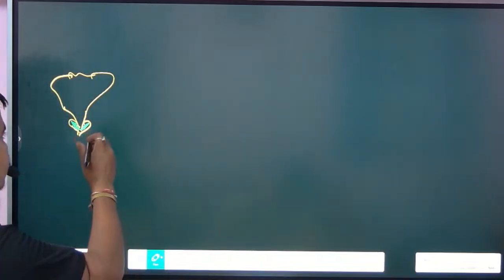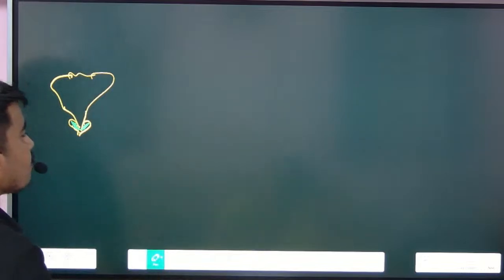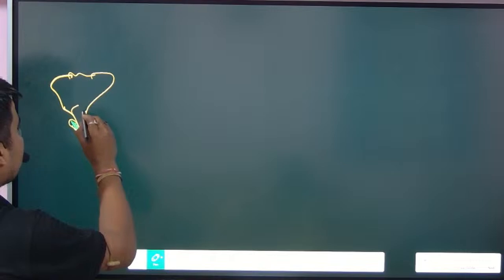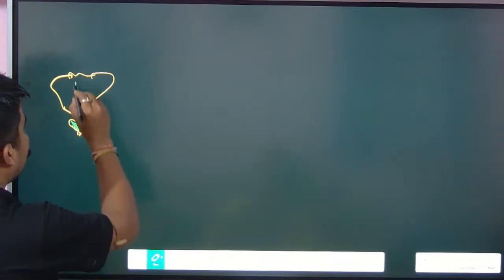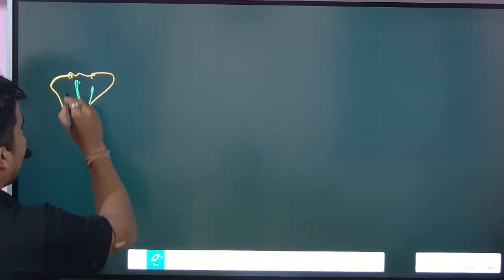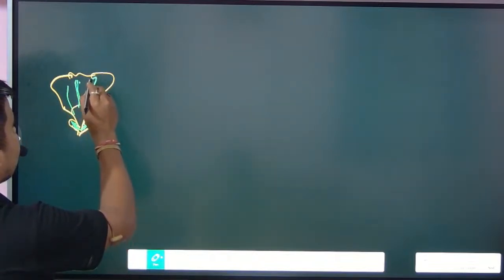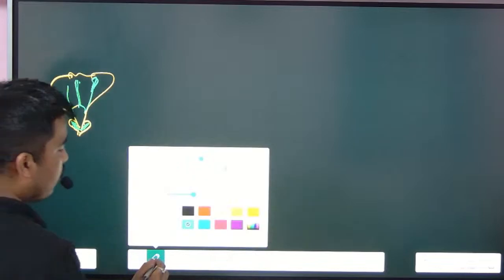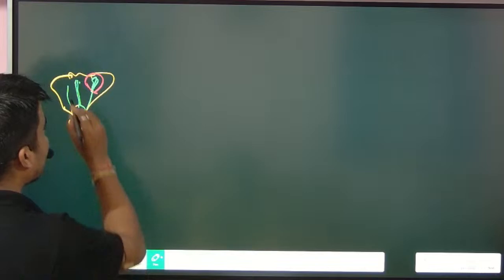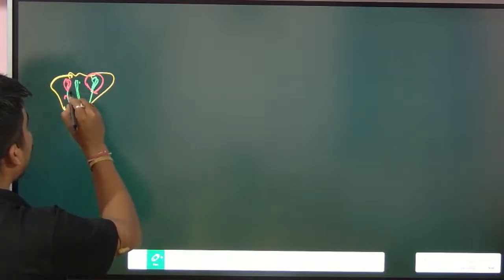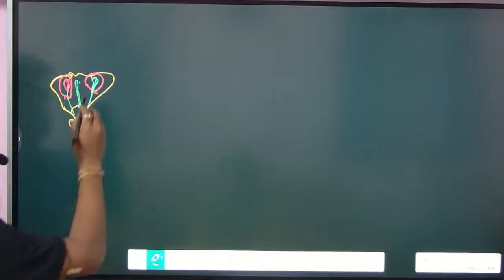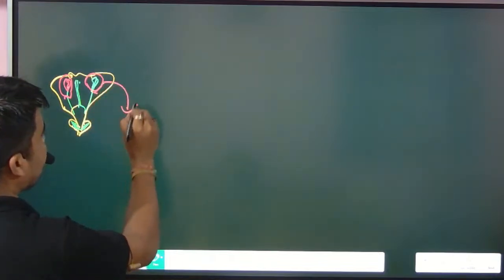So in that case, if the flower is bisexual, then you have to cut the anther. Cutting or removal of this anther is called what?